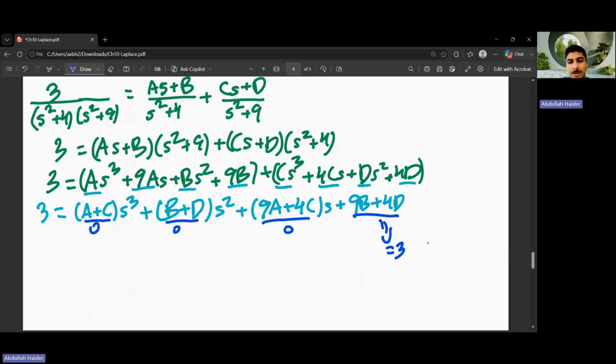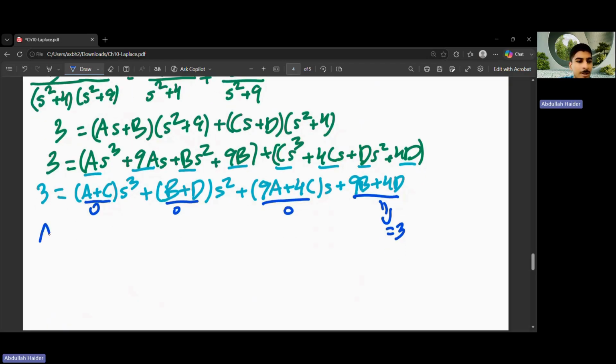But this will be equated to 3 because 9b plus 4d is a constant, and constants equal constants. So a plus c equals 0, b plus d equals 0, 9a plus 4c equals 0, and 9b plus 4d equals 3.